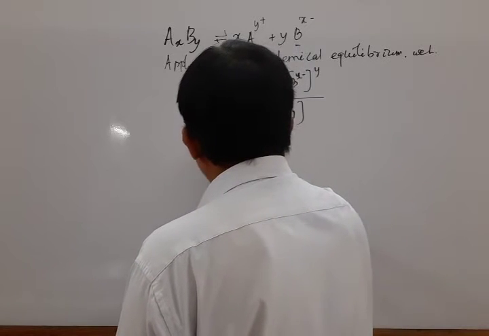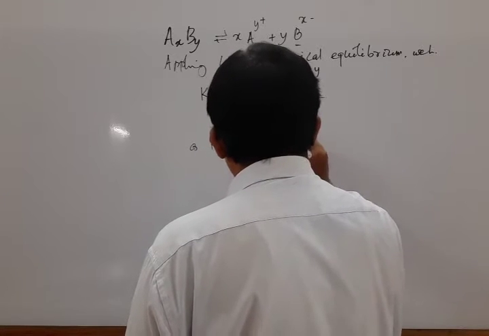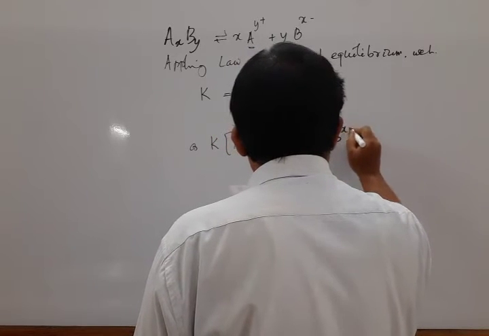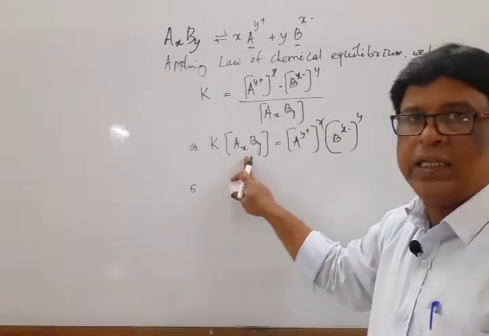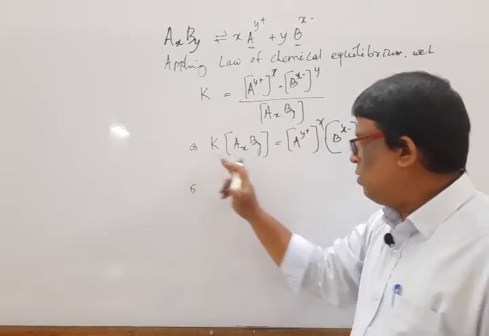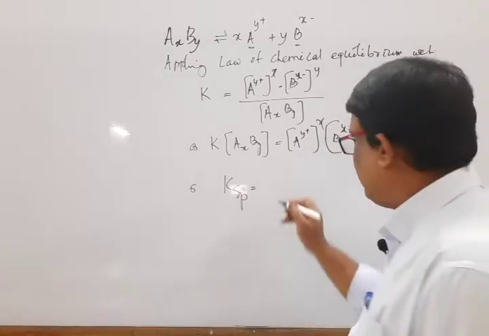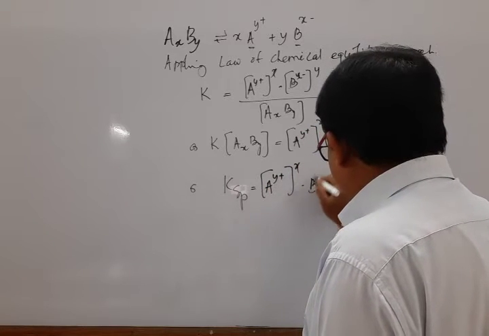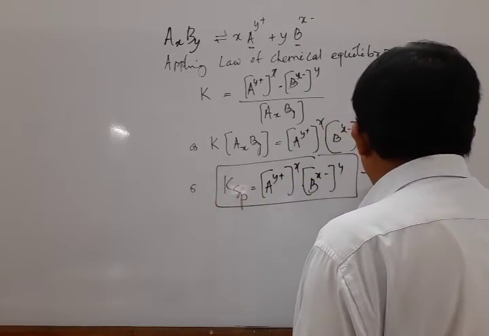On cross multiplication, K times [AxBy] is equal to [A^(y+)]^x times [B^(x-)]^y. Mark that. As we selected a sparingly soluble salt, its concentration is taken as a constant. Constant into another constant is another constant, that is the solubility product, equal to [A^(y+)]^x times [B^(x-)]^y. This is equation 2.